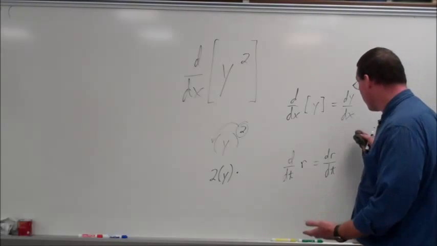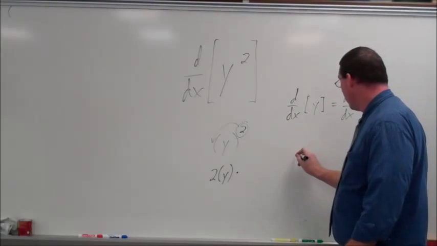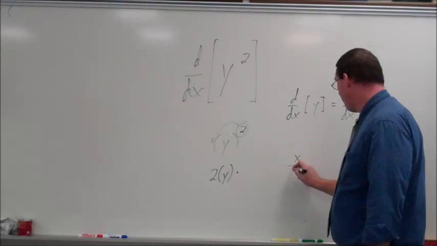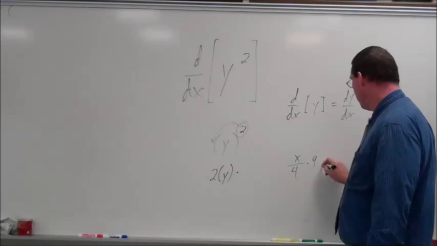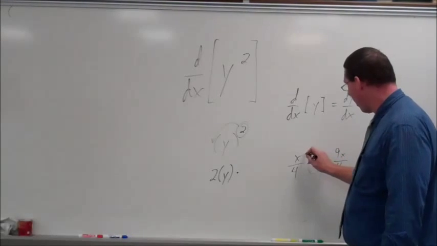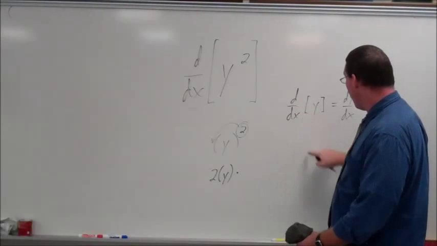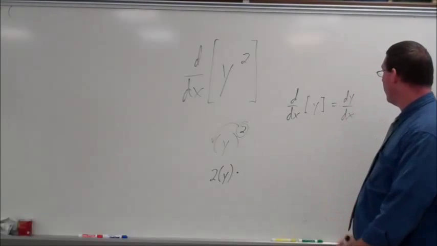Okay? It's basically just like you're multiplying: x over 4 times 9 would be 9x over 4. You multiply this times what's in the numerator. Okay? So d dx of y is simply dy dx.